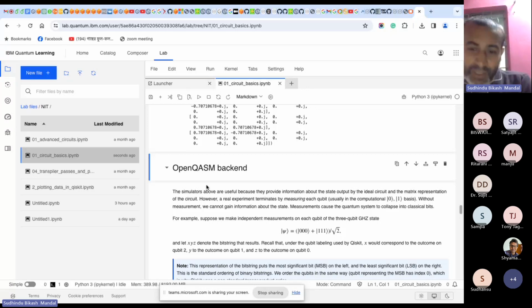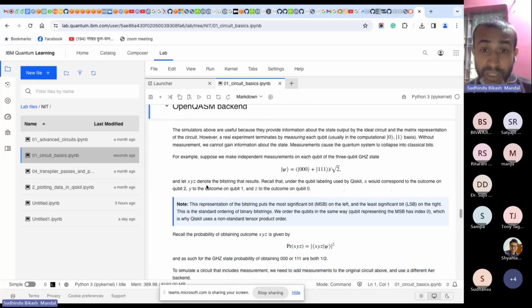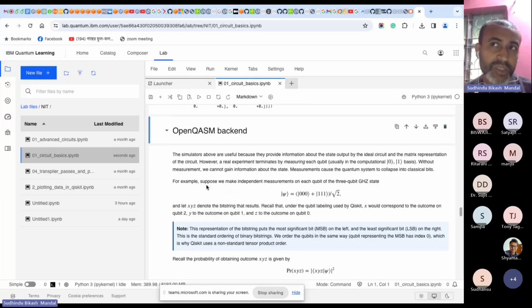But it's a mimic of an errorless quantum computer. So by using the QASM simulator, you need to put the measurement gate, otherwise you will not get outcomes. State vector gives you the final state of this quantum computer, but before the measurement, this state we can't understand because it's a probabilistic state.